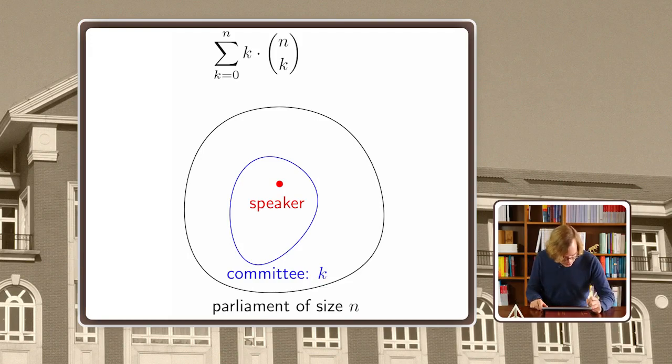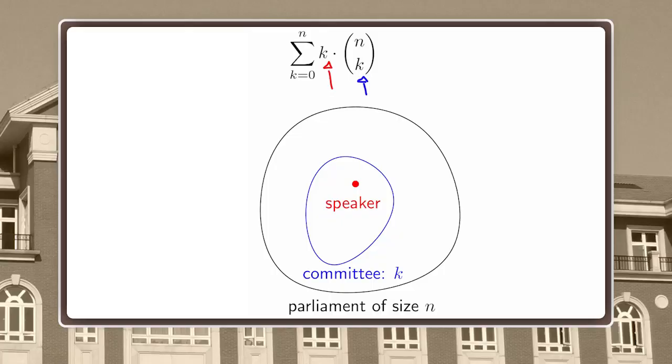Well, you see, to choose the committee of size k, we have exactly n choose k choices, and once we have chosen the committee, we have k choices to select a speaker. Now, if I don't restrict the size of the committee and I can say, well, it can be whatever, it just must have a speaker, then in order to get the number of possibilities, I have to sum up over all values of k.